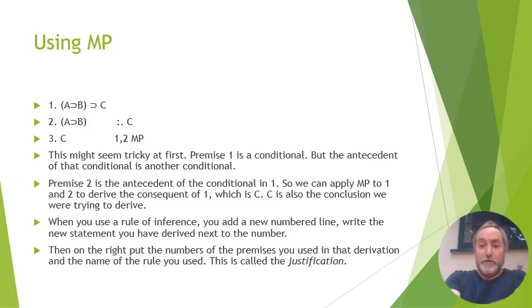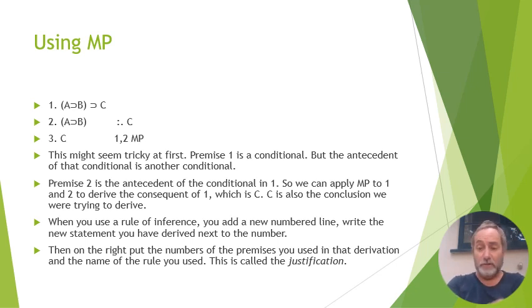So how might you use MP in a proof? Suppose you had these two premises. Here you've got a conditional. Notice the antecedent of that conditional is a compound statement. That's okay. You can still use modus ponens. Modus ponens doesn't have to be just P then Q. The antecedent doesn't have to be an atomic statement.